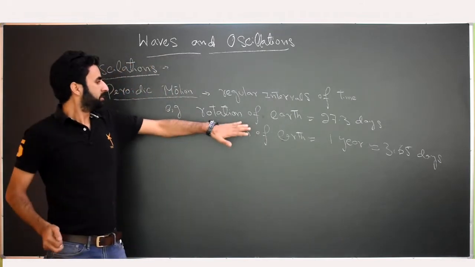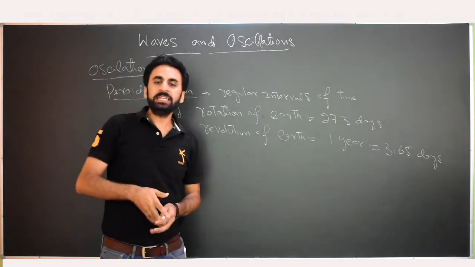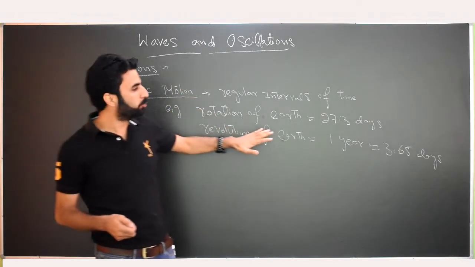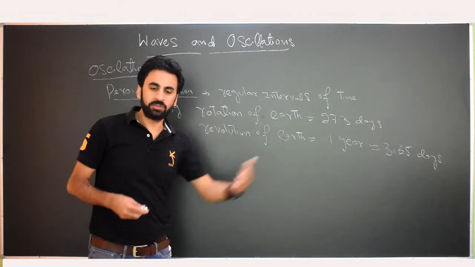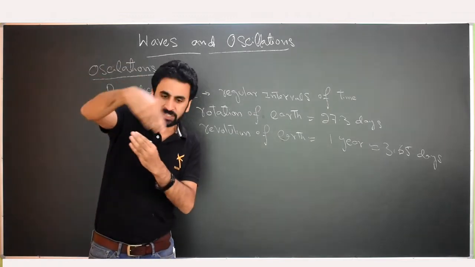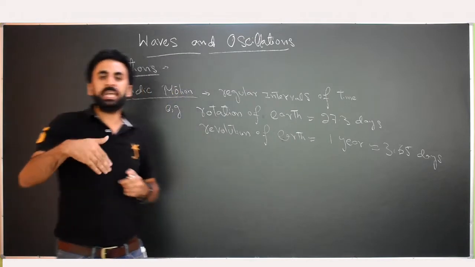So the revolution of Earth around the Sun is also a periodic motion. The only condition for a motion to be called periodic is that it should repeat after equal intervals of time.